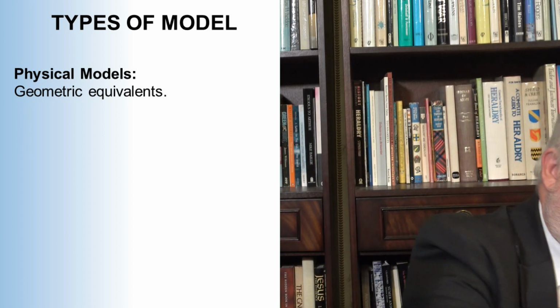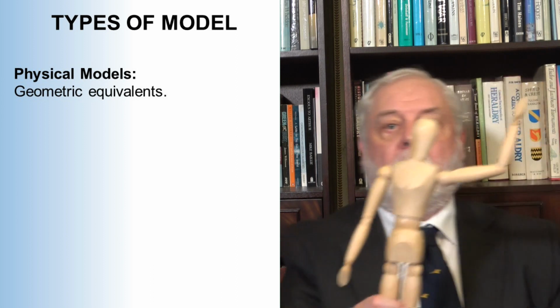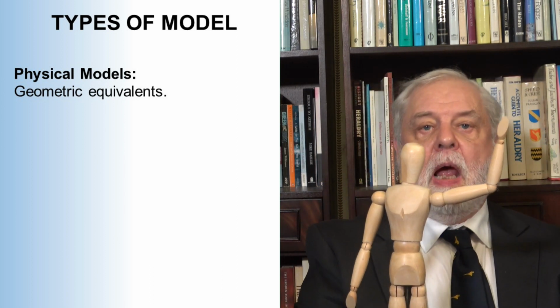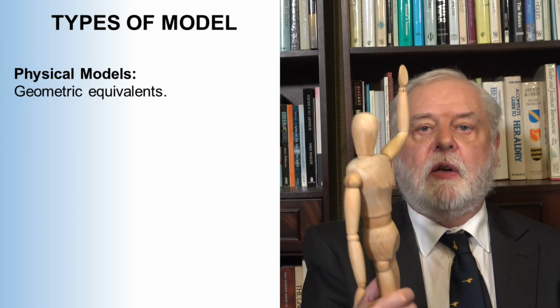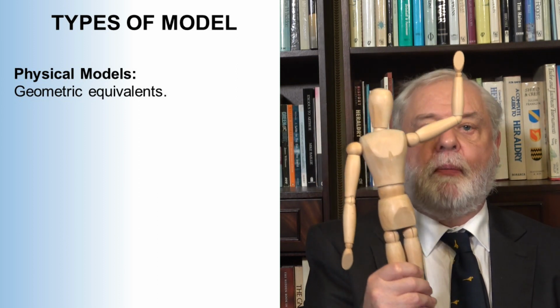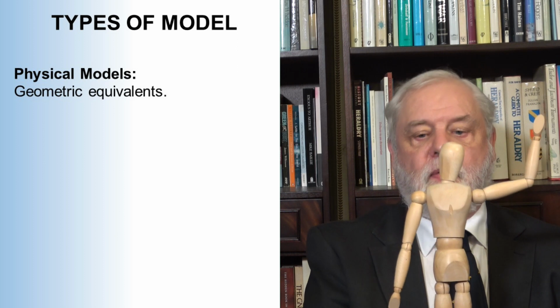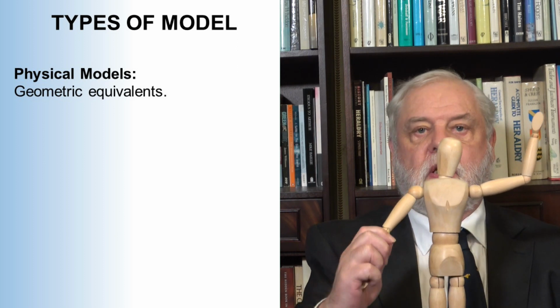And here is an artist's mannequin. And as a representation of a human form, it's not as convincing as the dinosaur or the aircraft model. But what it shares with human beings is the articulation.